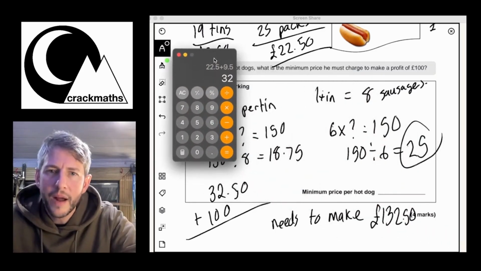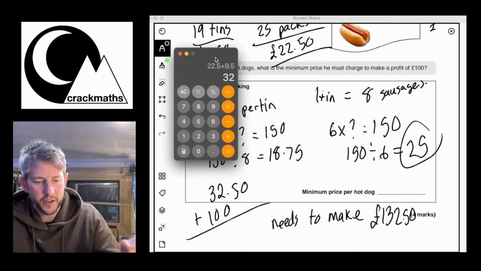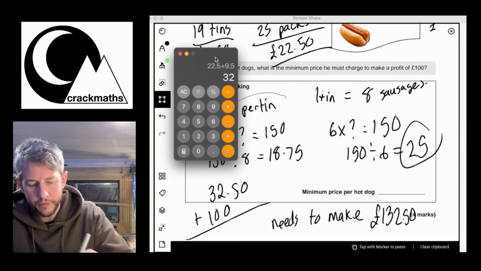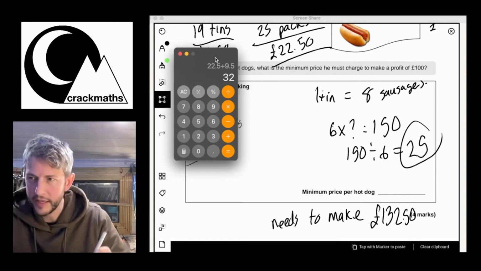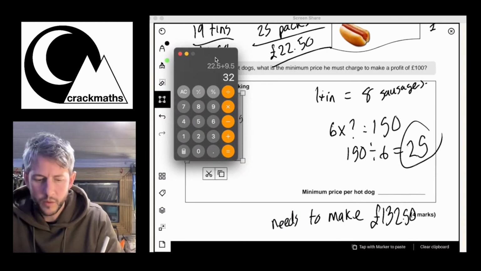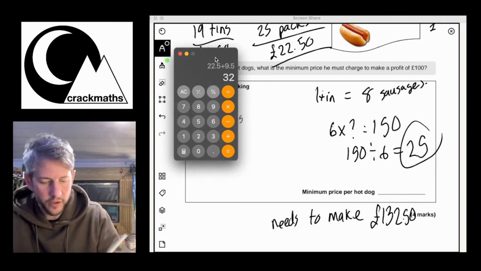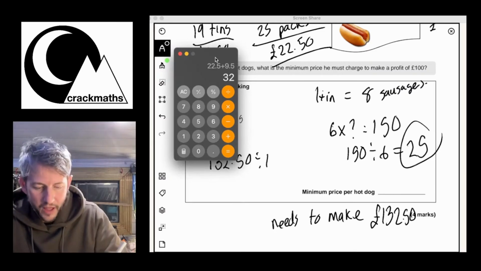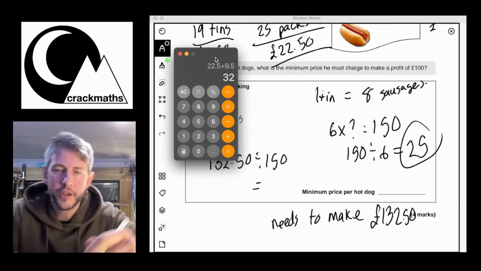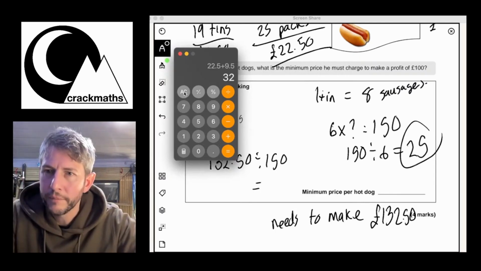So what we now need to do is split that cost between all of the 150 hot dogs. So we need to do £132.50 divided by 150 to find out the cost of each hot dog.